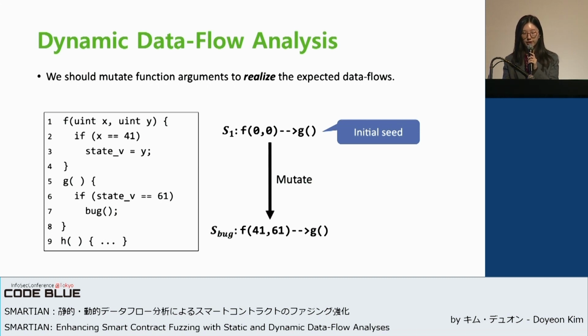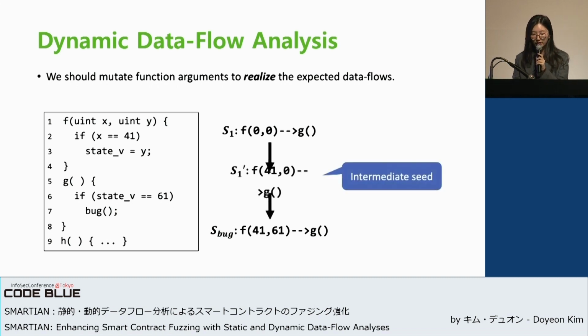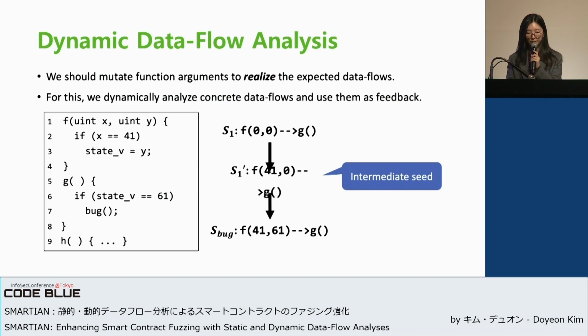But the fuzzer still has to mutate this initial seed to obtain the bug-triggering seed. During this process, the fuzzer will first find an intermediate seed like S1'. It is important to recognize this intermediate seed as an interesting one and add it to the evolving seed pool.